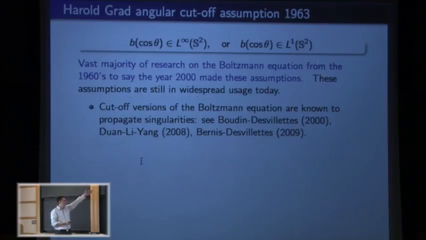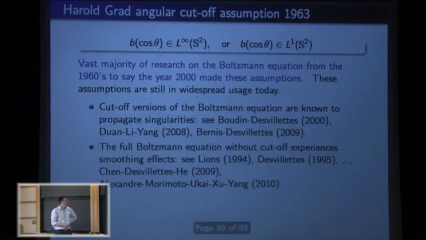So if you make these types of assumptions, then, for example, cutoff versions of the Boltzmann equation propagate singularities, and there are results such as Boudin-Desvillettes, Tuan-Li Yang, and Bernis-Desvillettes. On the other hand, the full Boltzmann equation without cutoff experiences smoothing effects.